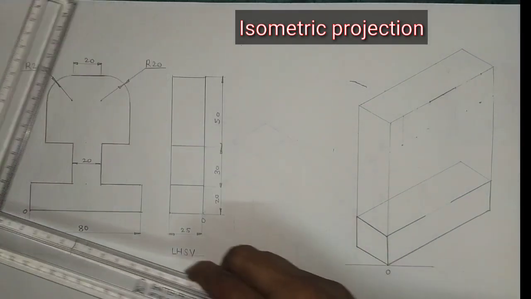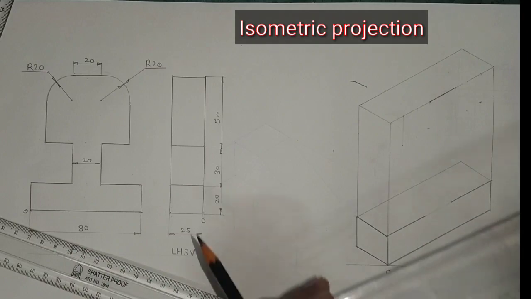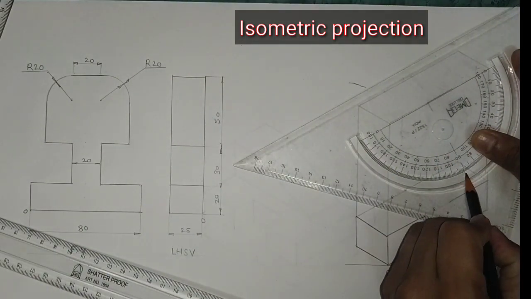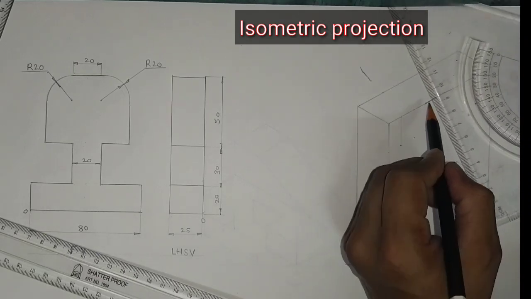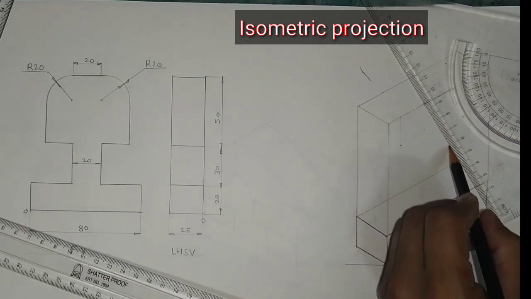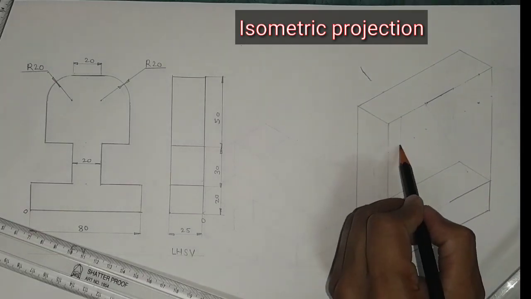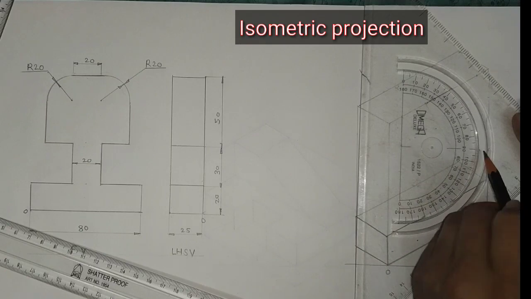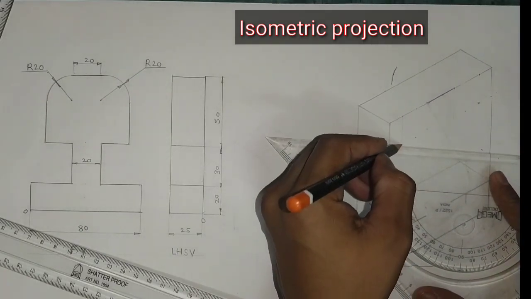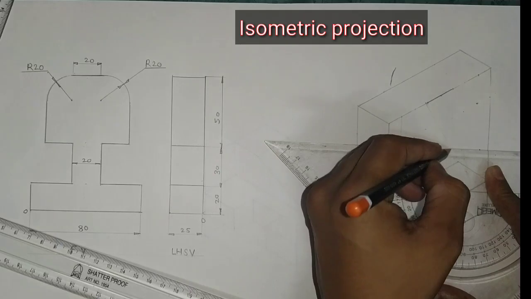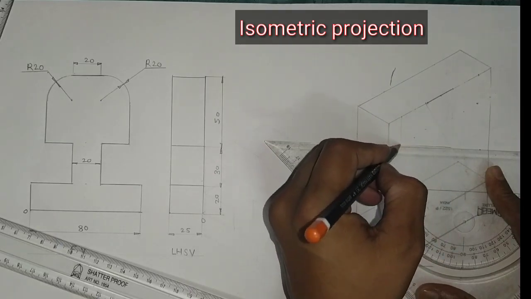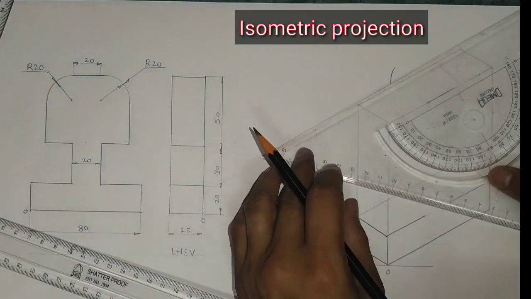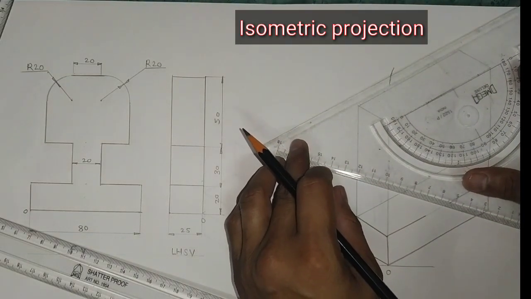After that, how to find the center of R20? From this point take an angle of 90 degrees and draw a faint line. Again from this point take an angle of 90 degrees. The intersection of these lines represents the center of the quarter circle. So this point represents the center of the quarter circle. Repeat the process for the other center.